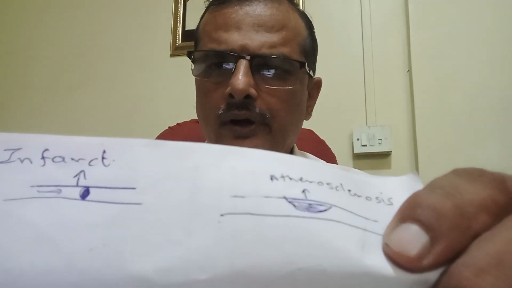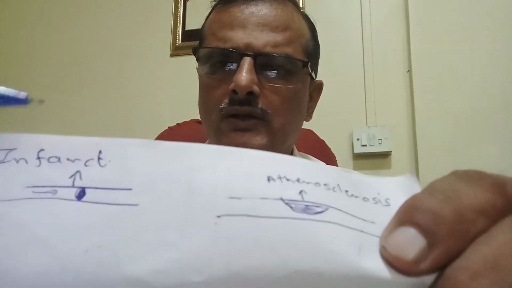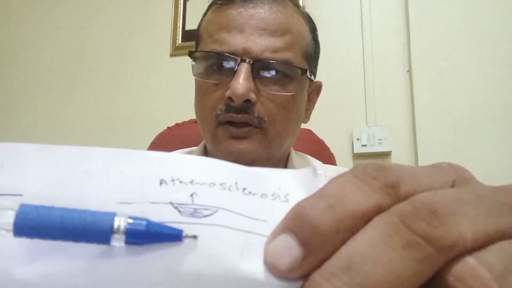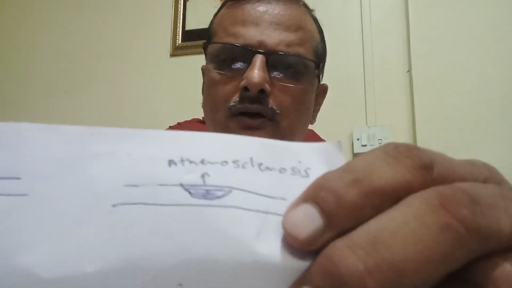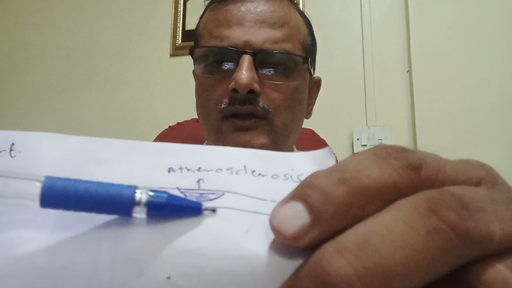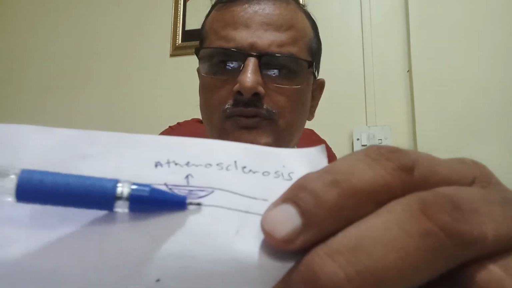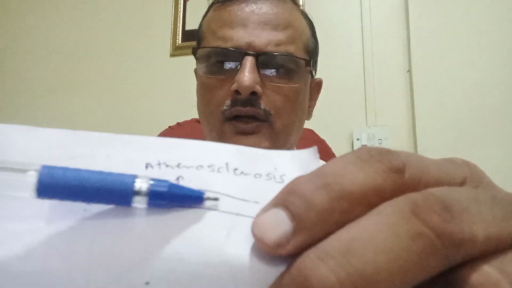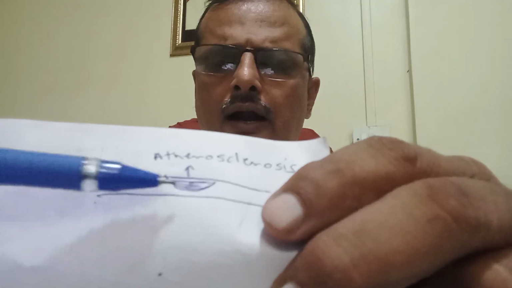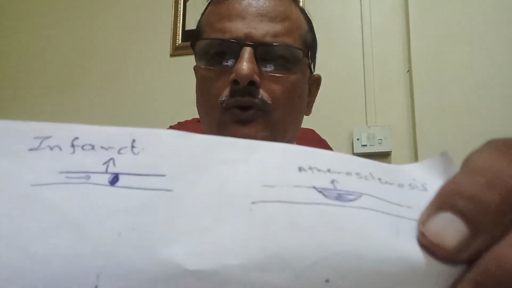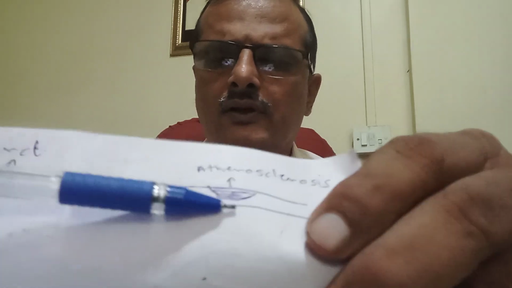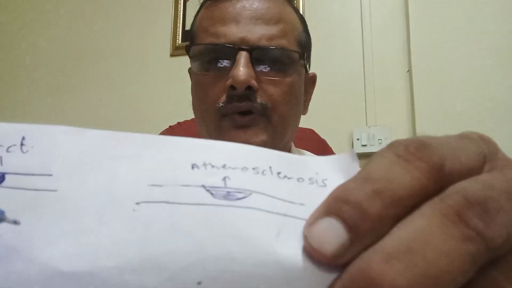So for complete occlusion, whether it is by thrombus or any other thing, or even by cholesterol or lipid, Bhedan karma is indicated. And when there is partial occlusion because of such Meda sanchay, you will require a scraping agent, and Lekhan karma is indicated. Hope you understand the difference between the two conditions properly.